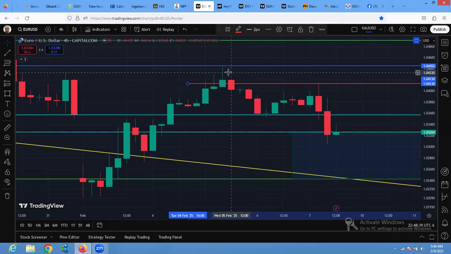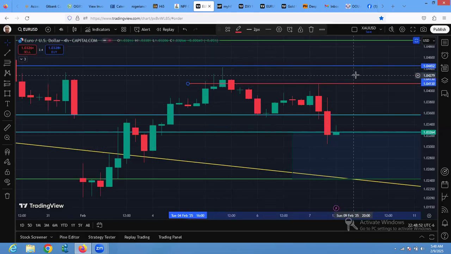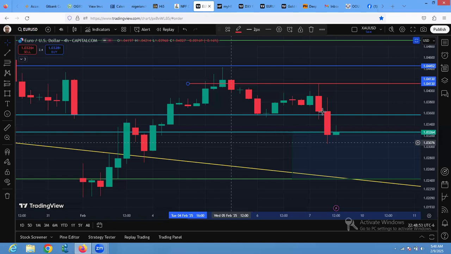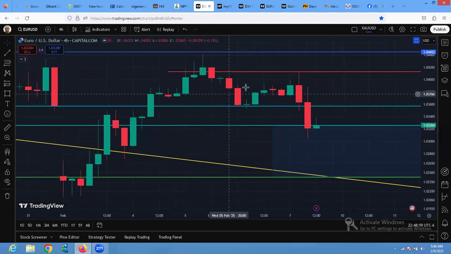So for now, we take it as a correction A, B, C to turn up. That is what we should do. Just like the inverse of the DXY, we should take this as an A, B, C correction to turn to the upside. But anything, if it's impulsive, then you know that that is now bearish.